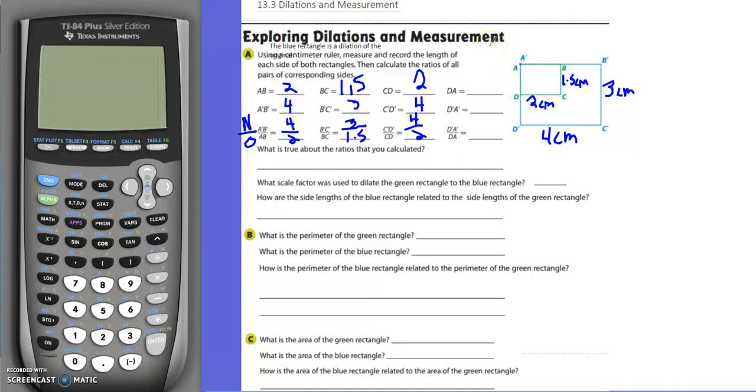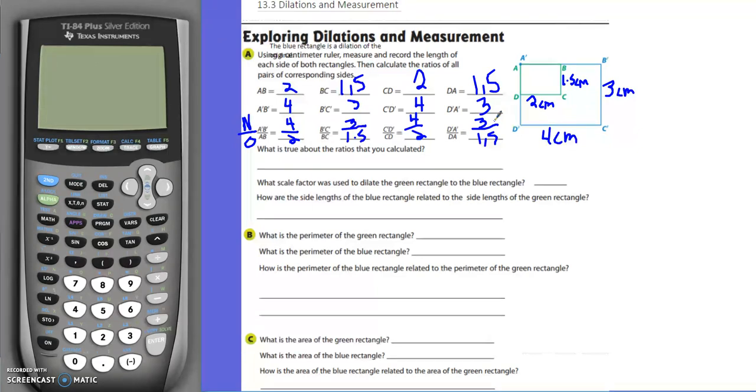Alright, DA is going to be 1.5. D prime A prime is going to be 3. The new over the original is 3 over 1.5. So what is true about the ratios that you calculated?